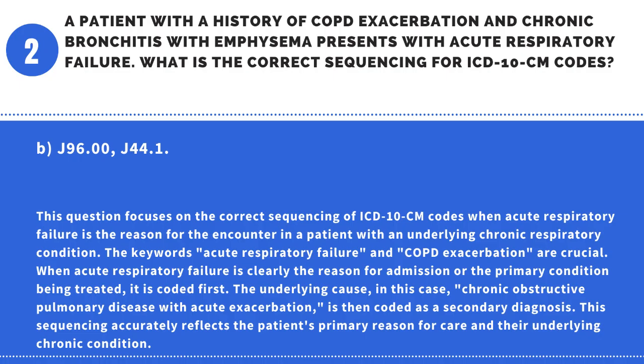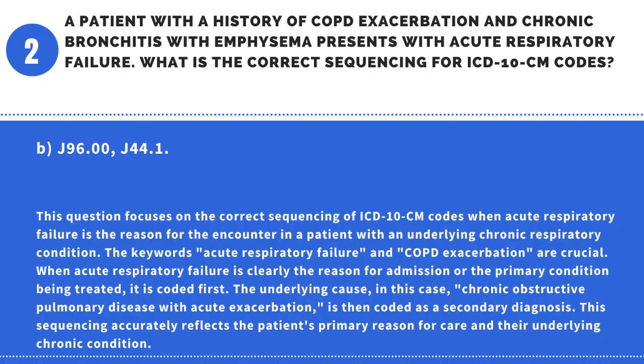Answer: B. J96.00, J44.1. This question focuses on the correct sequencing of ICD-10-CM codes when acute respiratory failure is the reason for the encounter in a patient with an underlying chronic respiratory condition. The keywords acute respiratory failure and COPD exacerbation are crucial.